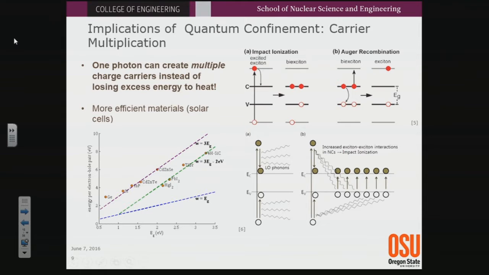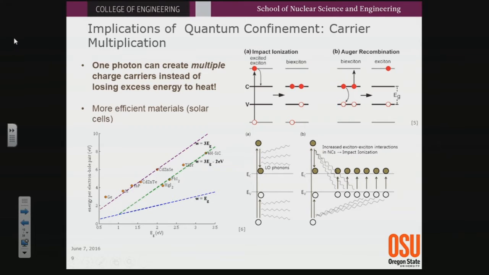The energy states are very far apart. If this electron wants to relax, it would have to simultaneously emit multiple phonons, and the simultaneous emission of multiple phonons is not as likely an occurrence as it would be with smaller energy spacing. So it's because of this discretization that you have increased exciton-exciton interactions, and that's what this is depicting.